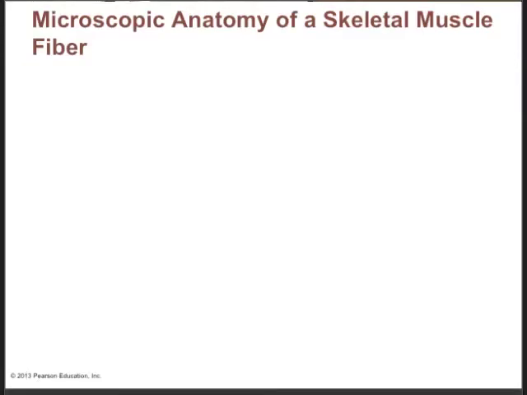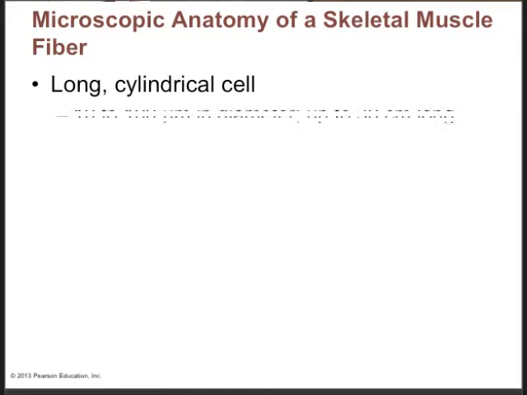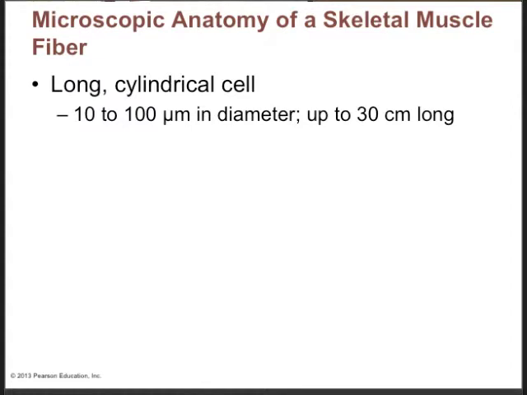Okay, now if we examine the microscopic anatomy of a skeletal muscle fiber, which would be a single long cylindrical cell, we find that it's between 10 and 100 microns in diameter and up to 30 centimeters long. So we need to get a sense of proportion for these dimensions.